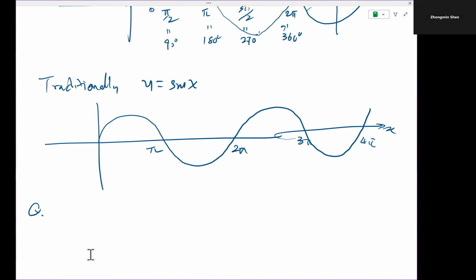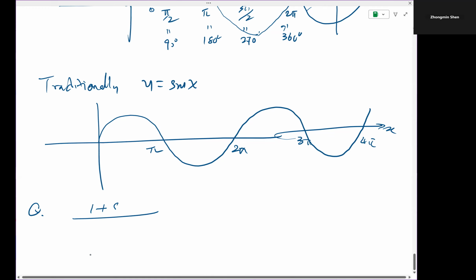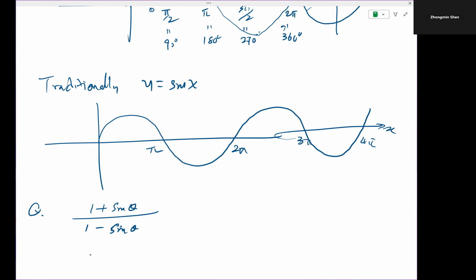For example, let's look at how much we can change. Take 1 plus sine theta over 1 minus sine theta. Let's modify it. You can change a lot, actually. When you see something like that, you can multiply the numerator and denominator by 1 plus sine theta.